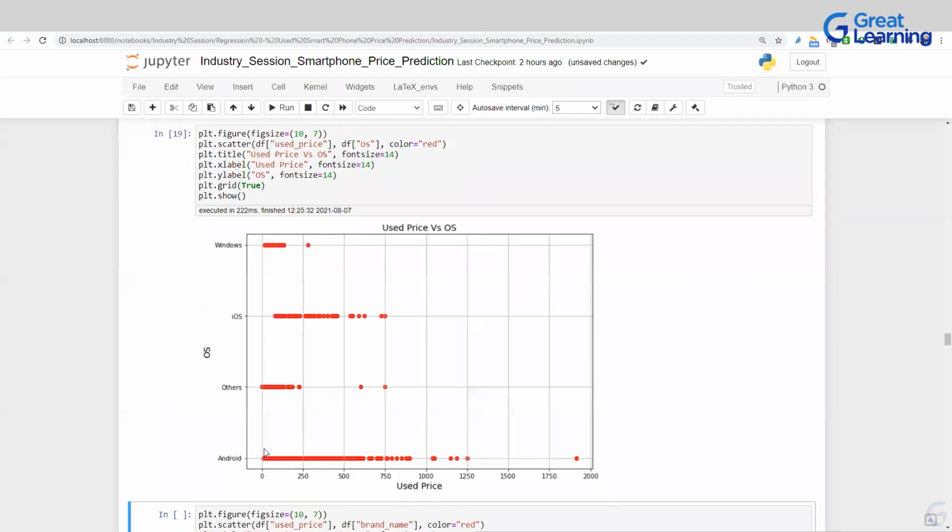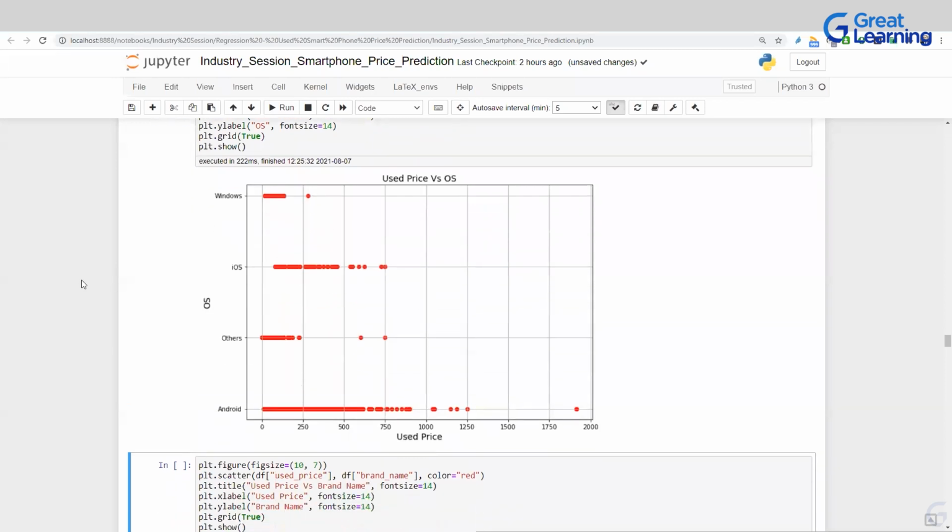So we see that the price is almost similar in the case of iOS, others, and Windows. We can see the normal range is from 0 to 750 with some outliers in Android, whereas Windows phones do not fetch you a higher amount of money. So if someone's selling a used phone which is based on Windows, it will not give them the value for their phone, probably. iOS and Android have a good distribution.